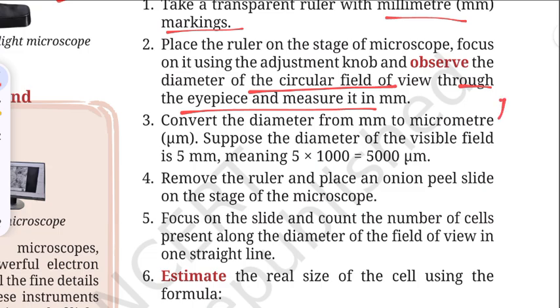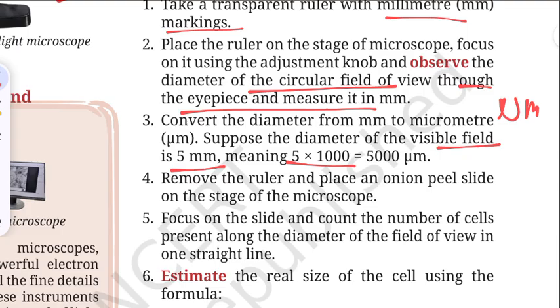Fine. Suppose the diameter of the visible field is 5 millimeter, and for converting it into micrometer, you just need to multiply it by 1000. If it is 5 millimeter, then for converting it into micrometer, you need to multiply it by 1000.